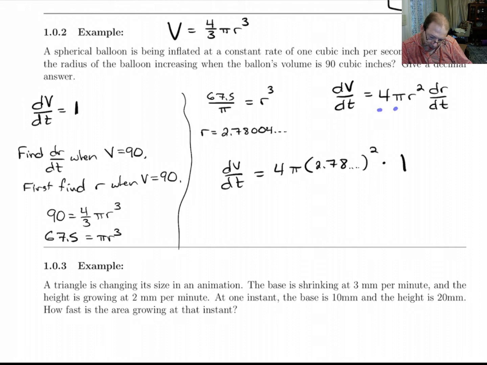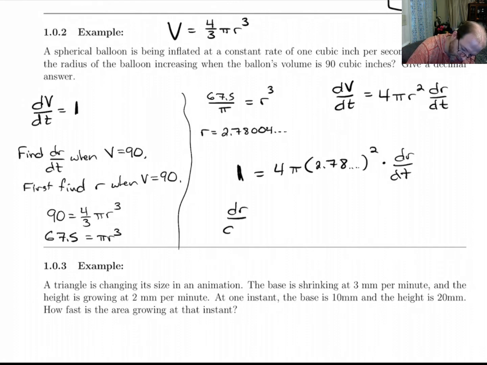We've got 4 pi r squared, and dr/dt is 1 from, oh, I'm making a mistake. dr/dt is what we're solving for. dV/dt is 1. So dr/dt is 1 divided by 4 times pi times 2.78 squared.